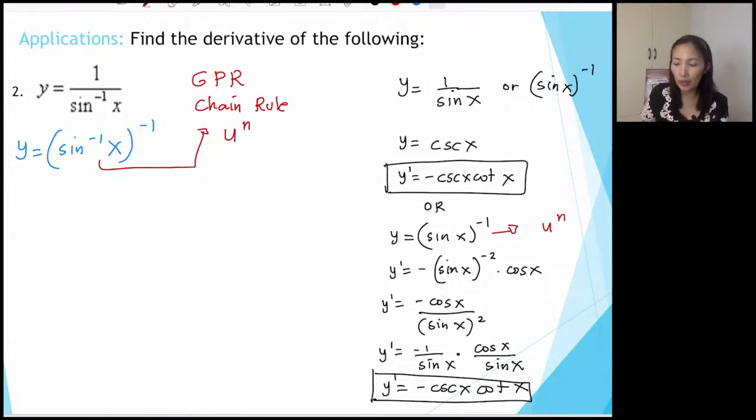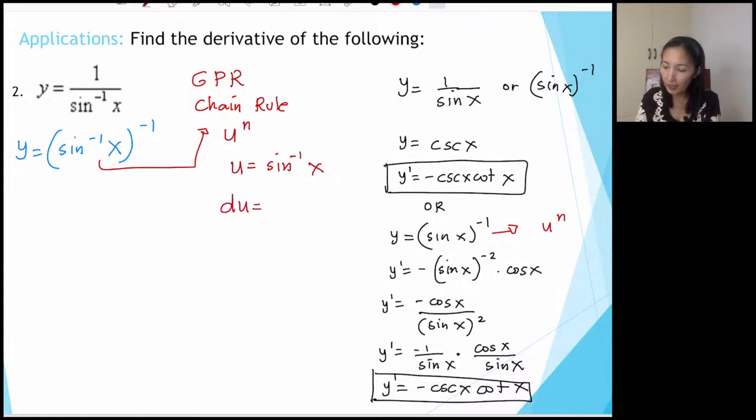Your u is arc sine of x, and du, the derivative of arc sine of x, is 1 over the square root of 1 minus x squared from our rules.